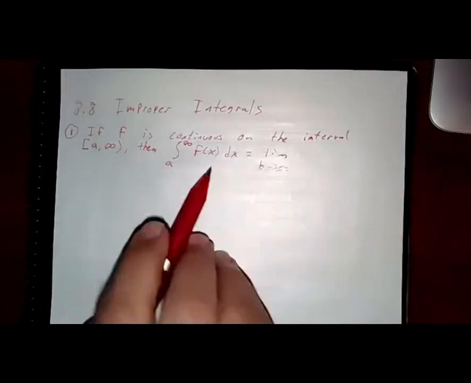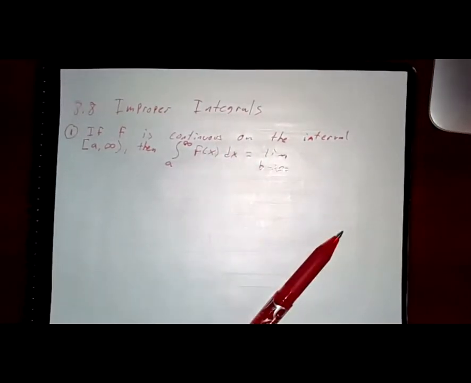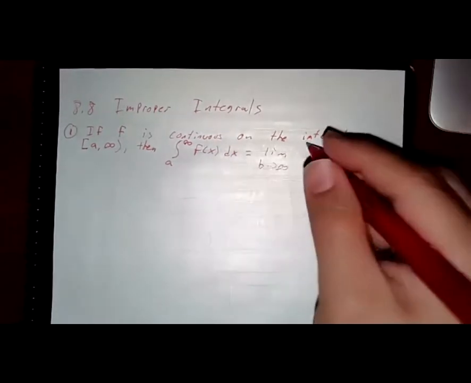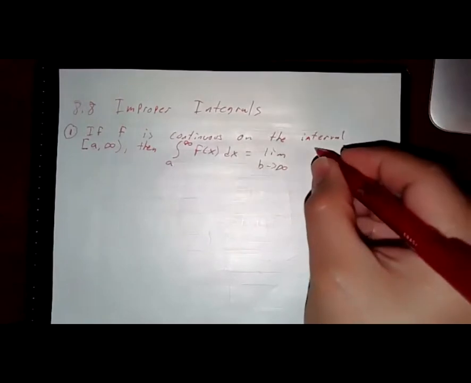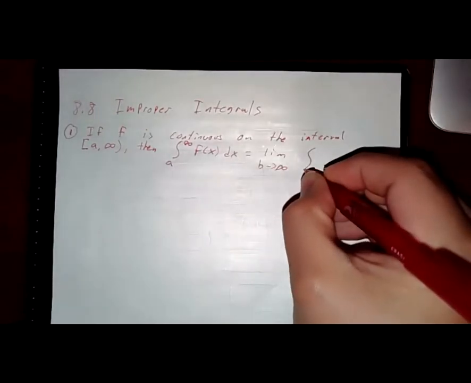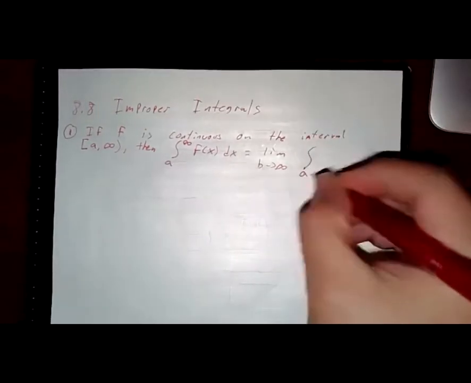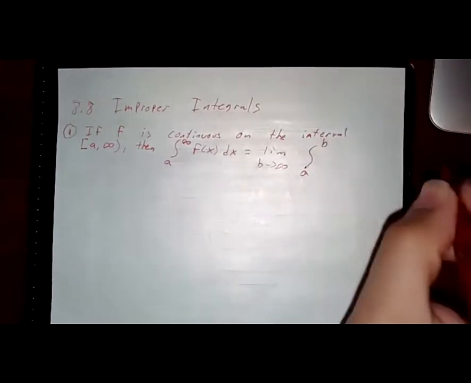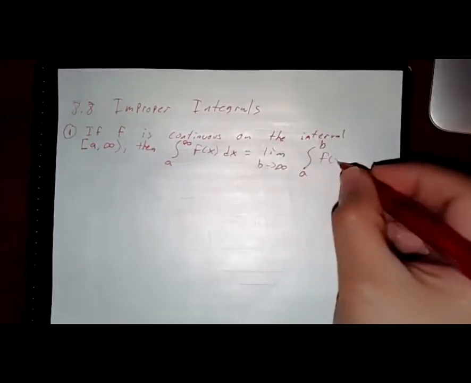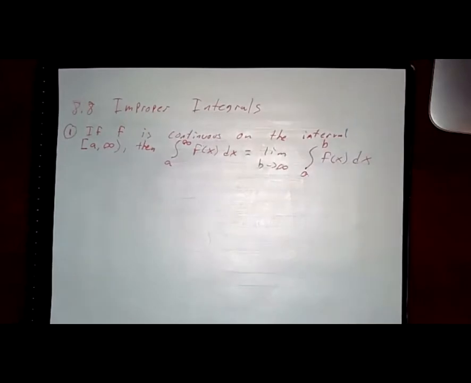So you can't have infinity in the integral, so you have to relabel it. This is more of a notation kind of thing. So as the limit as b goes to infinity, the integral is now a to b. So you replace the infinite limit with b. Okay.